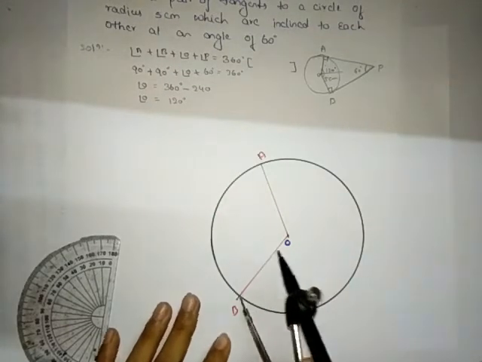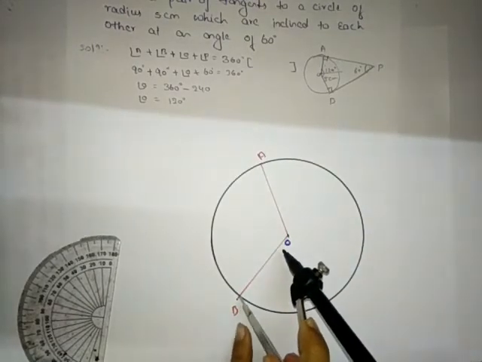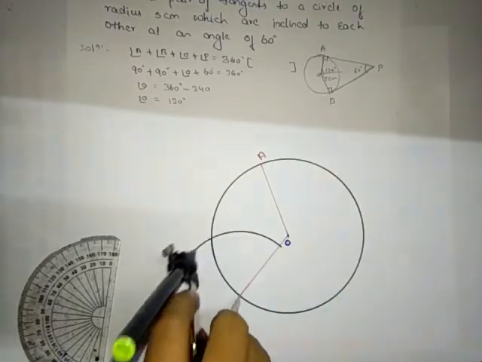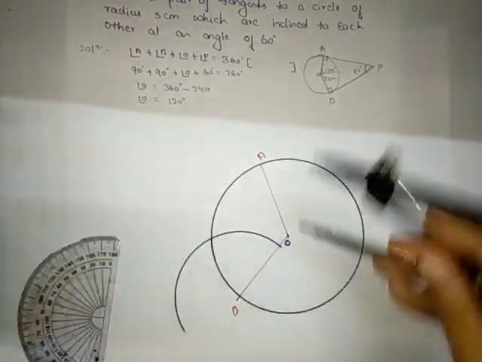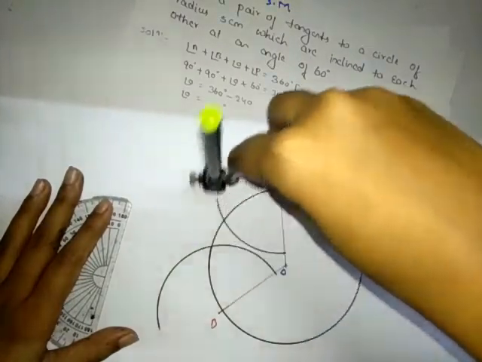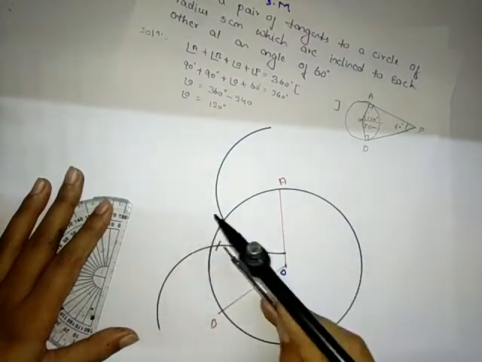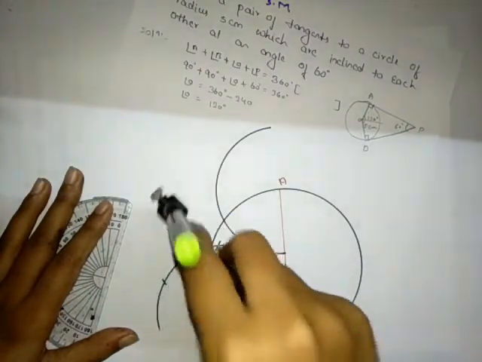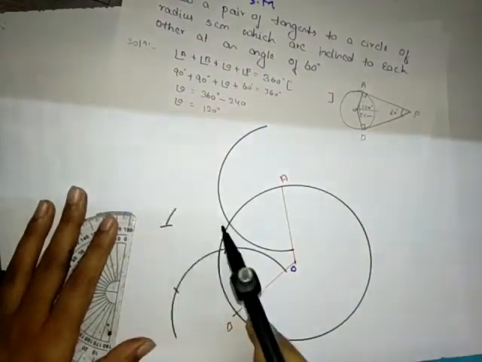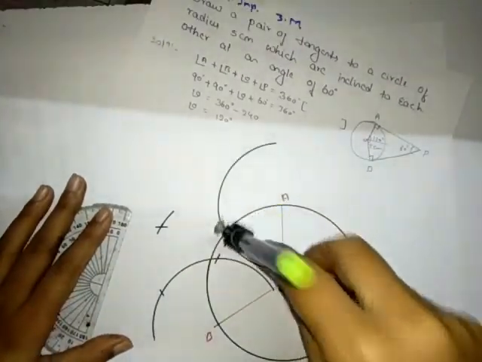For that, again we need to take a length more than half of BO, and we need to mark arcs here to construct 90 degrees at points A and B. Again the same thing here also, right? And we'll cut this arc, and once again this arc, and here one more point. Then the same process here also.